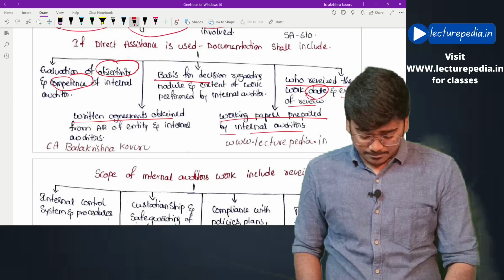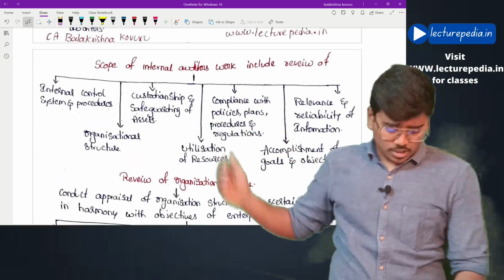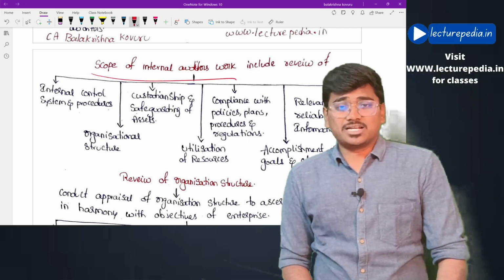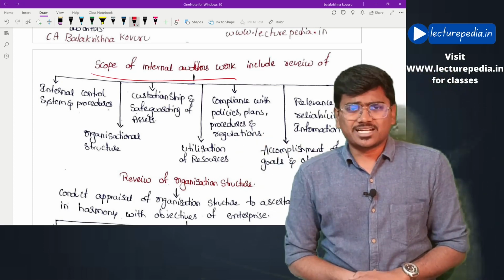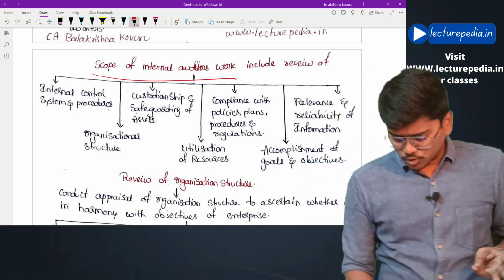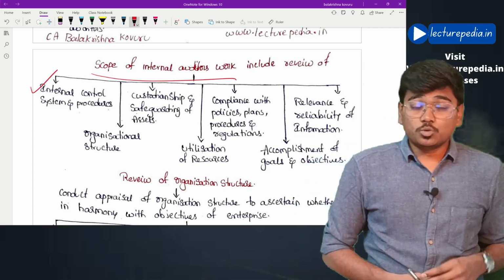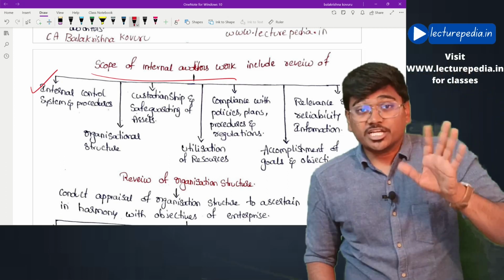Hope this is clear. Next, there is a final small concept, that is the scope of the internal auditor's work. Scope means what are the areas that will be reviewed by the internal auditor. Generally, internal controls will be reviewed by the internal auditor, and the internal auditor will also review whether the assets of the organization are properly secured or not.